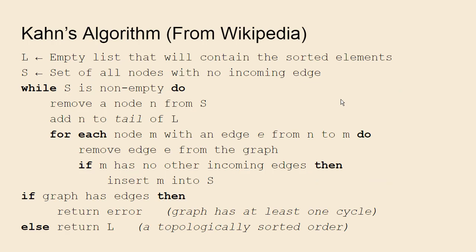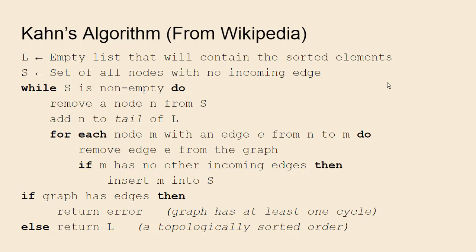There are 2 common algorithms for computing topological sorting. One of them is based on breadth-first search, which is called Kahn's algorithm. The other is based on depth-first search. Here we'll just talk about Kahn's algorithm, which is based on BFS.